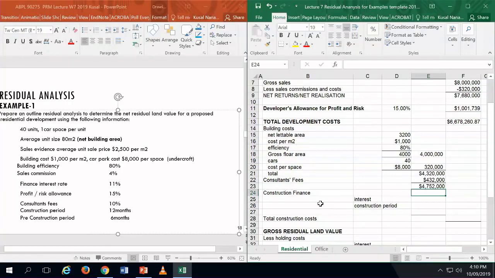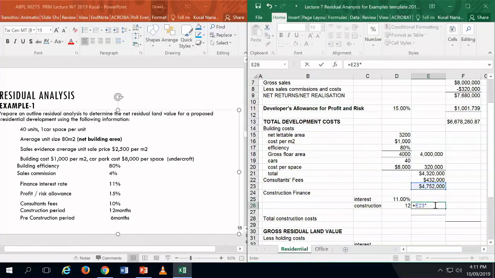All right. Now construction finance, again important. Listen. Interest rate is 11%. Construction period is 12 months. How do we calculate construction finance? For this instance we assume we borrow 100%, right? So we borrow 4,752,000.